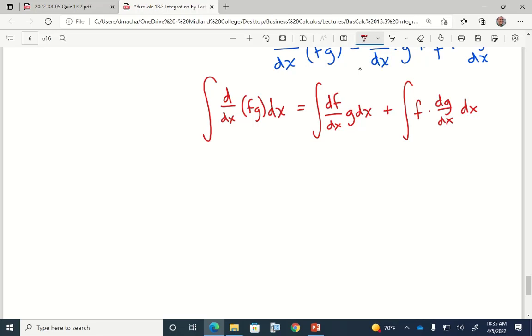On the left, the antiderivative with respect to x of the derivative with respect to x of f times g is just f times g. And on the right side, let me think about this.